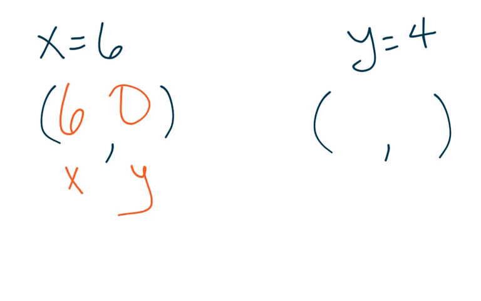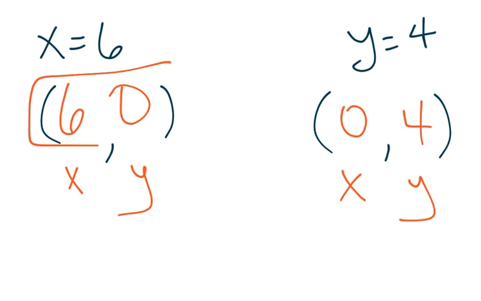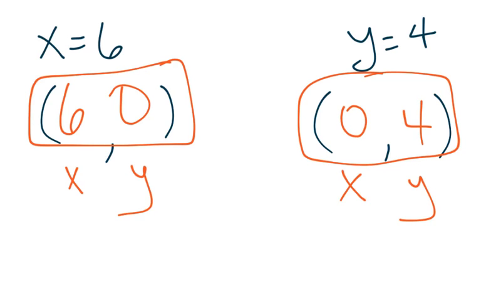So this coordinate point would be 6, 0. Over here, y equals 4, and we had eliminated the x in order for this to happen. So in this case, x would be 0. So the x-intercept is at 6 and the y-intercept is at 4. And these are the 2 points that show that.